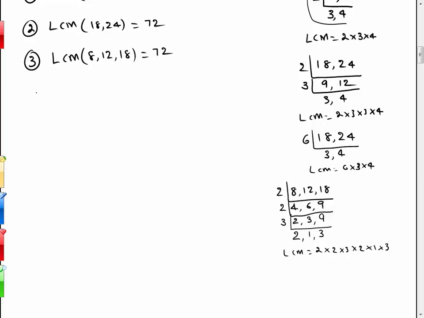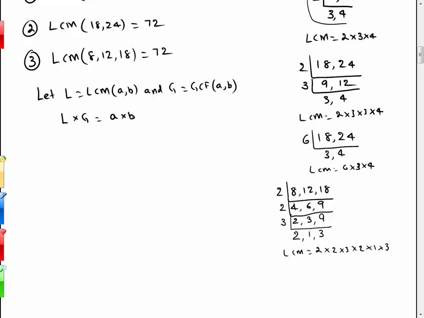Well, recall that, let me put it this way. Let L be the LCM of A and B, and G be the GCF of A and B, the greatest common factor. We know that there is a property that says L times G must be equal to A times B. Right?